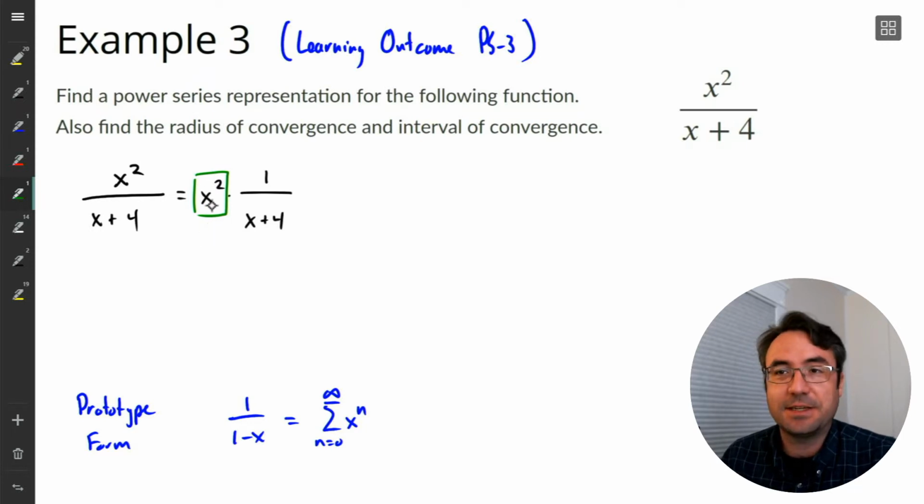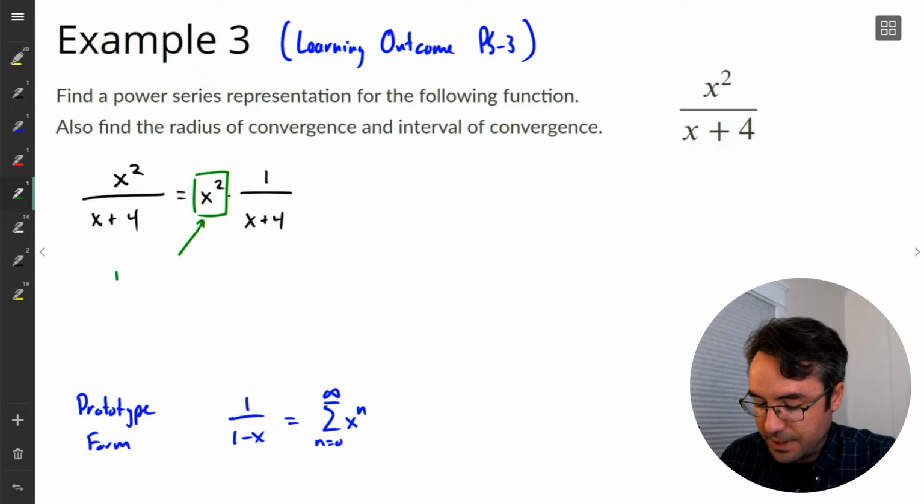This is already a power function, so this is already good. So we're just going to tuck that to the side, and we're going to work with this 1 over x plus 4. We still need to worry about this x squared. It's still important, but where all the power series action is going to happen is with this fraction. We can deal with that later.